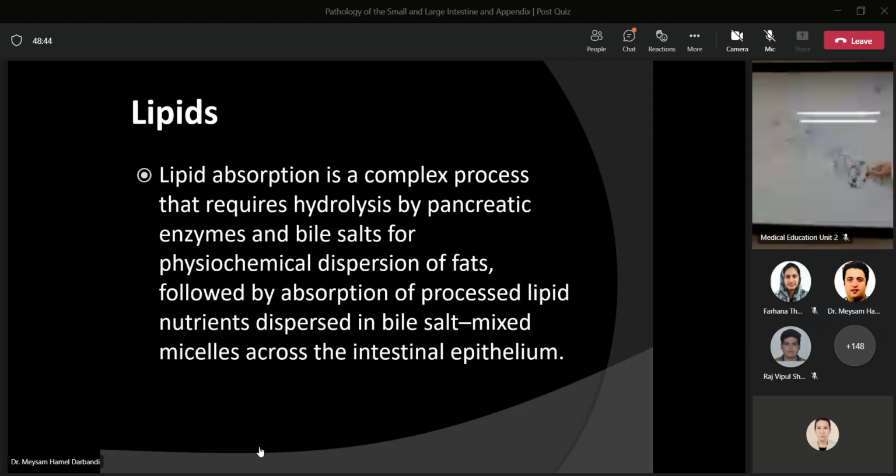Micelles, right? Some people call it micelles, some people call it B cells. So now we have formed it already. This micelle is helpful, right? Because it makes the absorption area increase, correct?